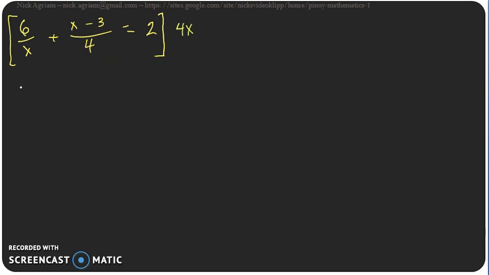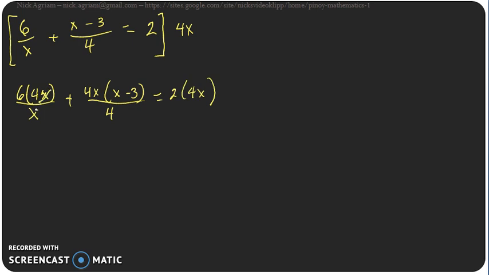So we have 6 times 4x divided by x plus 4x multiplied by x minus 3 divided by 4 is equal to 2 times 4x.